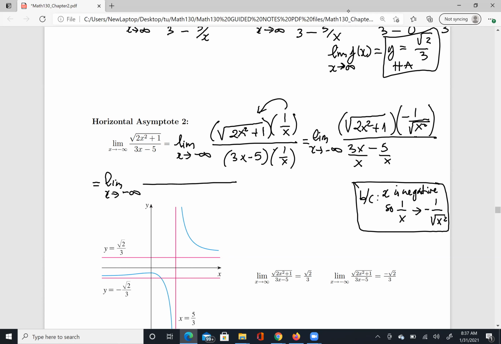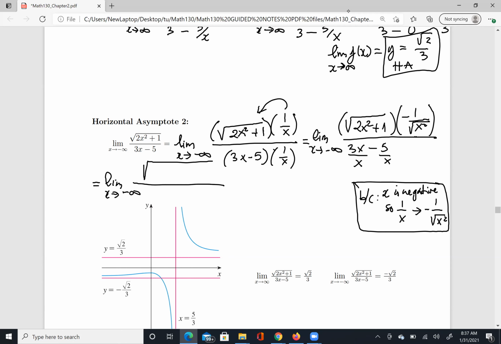For the top will be the square root of 2x squared divided by x squared, so it's going to be negative square root of 2. Actually, I'm going to leave the negative outside so we don't mess up.